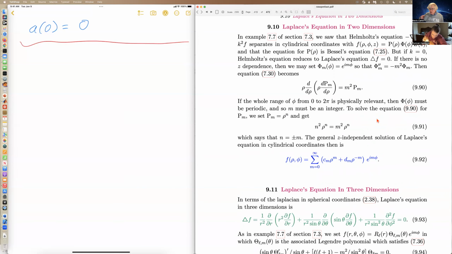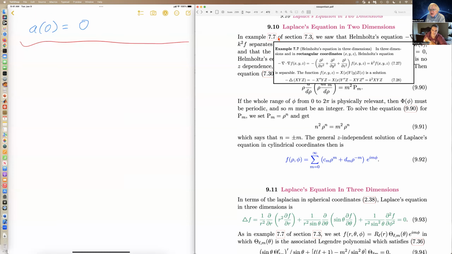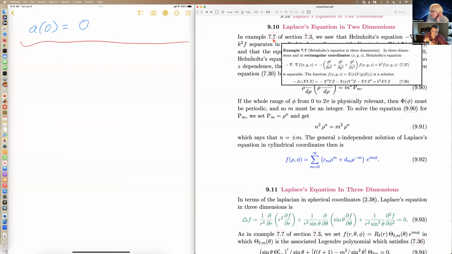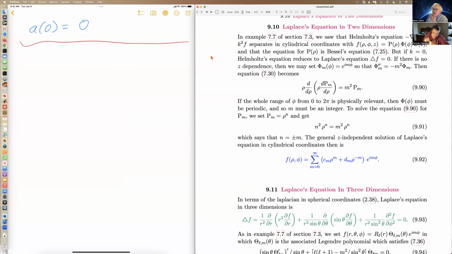Laplace's equation in 2 dimensions. In section 7.3, we had an example, a rather long example, 7.7, and we saw that Helmholtz's equation separates in cylindrical coordinates, and that the equation for the rho function is Bessel's equation.